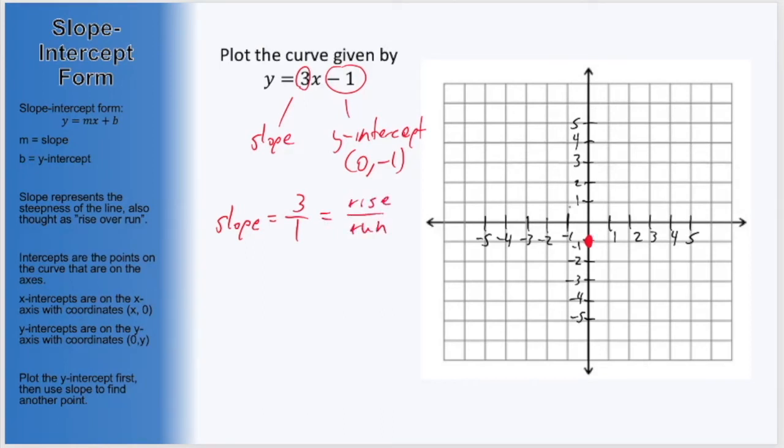What this tells us is that if we run 1 unit to the right, we should rise 3 units up in y. So starting from the y-intercept point, going right by 1 and up by 3, we end up here, where another point on our line should be. Now that we have 2 points, we simply connect them with a straight line, and there is our graph.